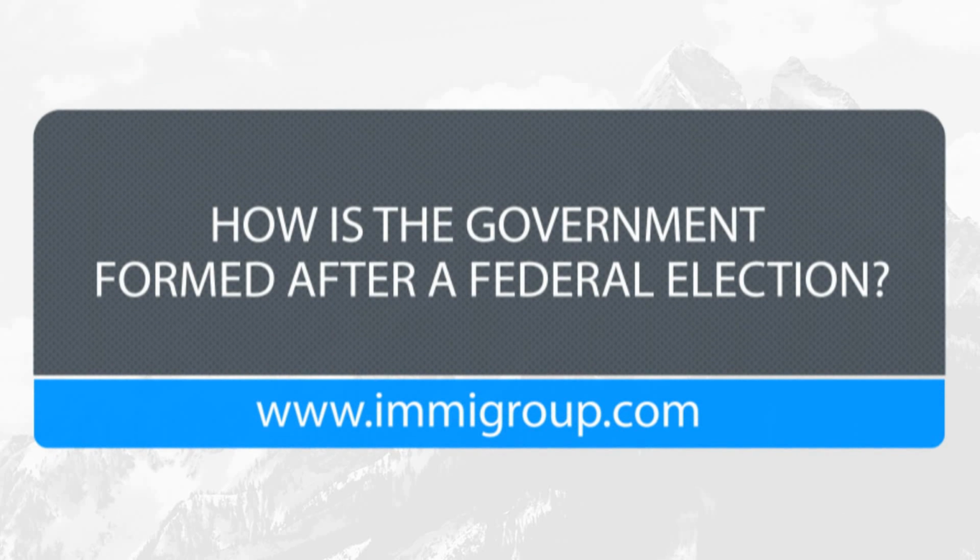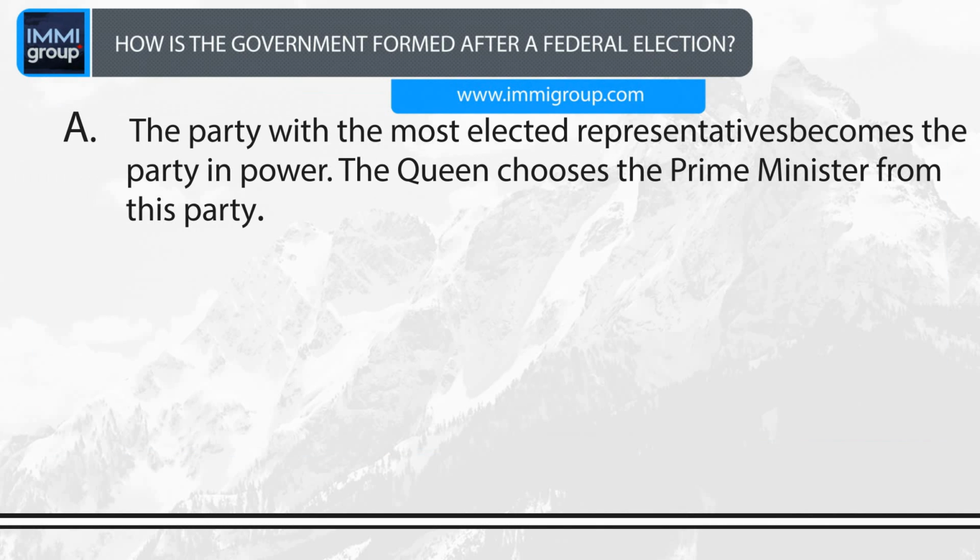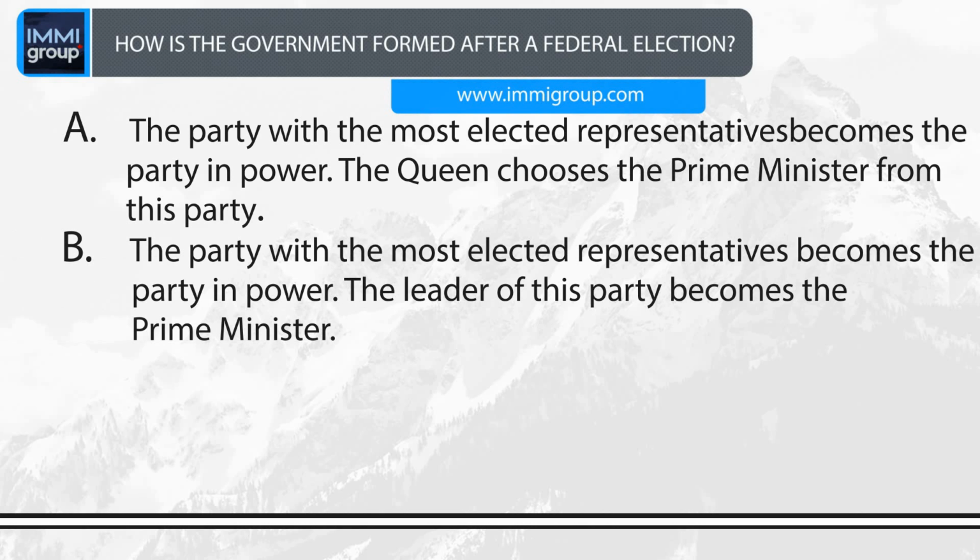How is the government formed after a federal election? A. The party with the most elected representatives becomes the party in power. The Queen chooses the Prime Minister from this party. B. The party with the most elected representatives becomes the party in power. The leader of this party becomes the Prime Minister.